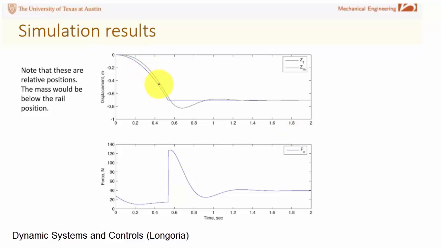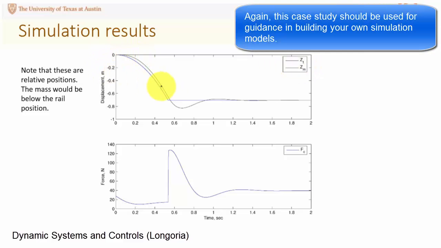Finally, looking at the simulation results, I'm plotting on this top graph here the rail position as I move over time, and also the position of the masses in green. By the way, we know that the rail, as I move forward in time, right, is a defined motion, but the mass falls, right, it should be below it, right, but I've plotted them together.